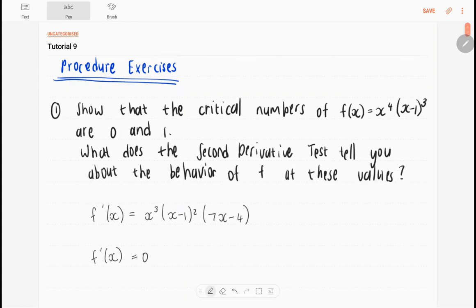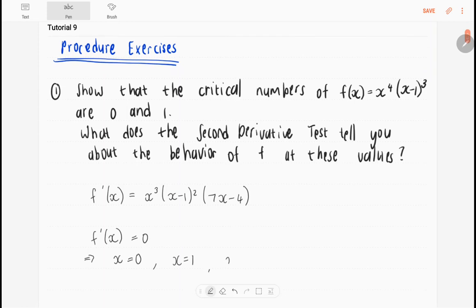So the derivative equals 0. This means that x has to be 0, x has to be 1, or x has to be 4 over 7. So in the question, it said to show that the critical numbers are 0 and 1.